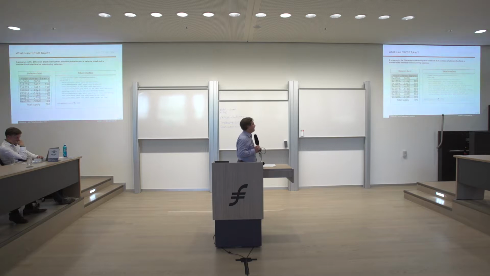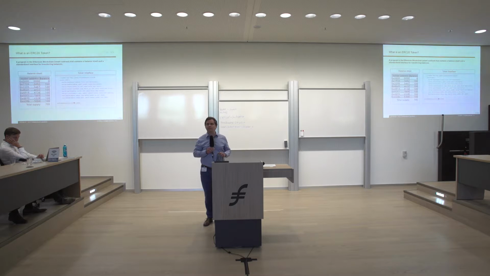Let's quickly go a little bit deeper on what it actually means to mint a token in the token contract. And actually it's very simple. The ERC20 token standard just contains basically a mapping between an address and the number of tokens the address is eligible to.